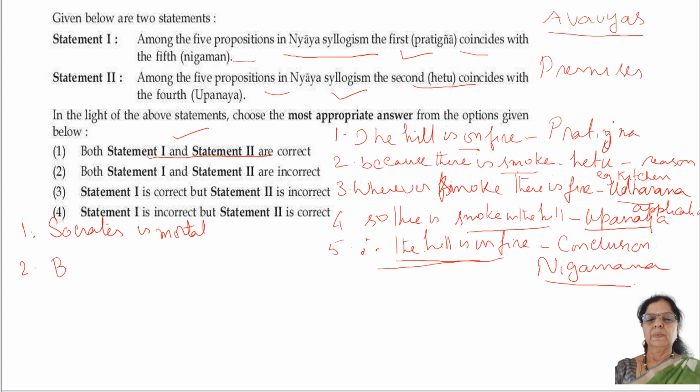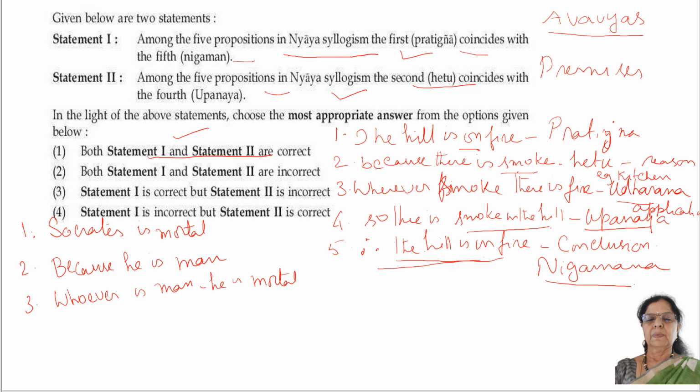The second one, hetu, reason. Why do you say Socrates is mortal? Because he is a man. All human beings should die. And the third one is udharana. Here you are saying whoever is man is mortal.